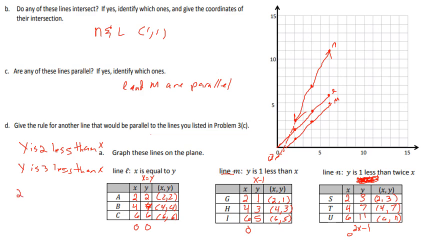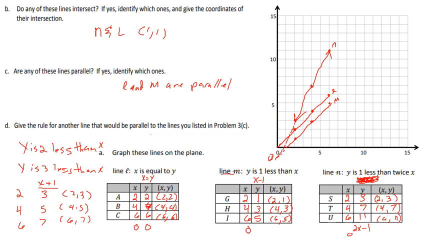So the rule is x plus 1 instead of x minus 1 that we did for line M. So for 2, y would have been 3, for the ordered pair 2, 3. If I picked 4 like I did the others, then that would have been 5. So that'd be 4, 5. And the last one was 6, and then plus 1 would have been 7. So it would have been 6, 7.